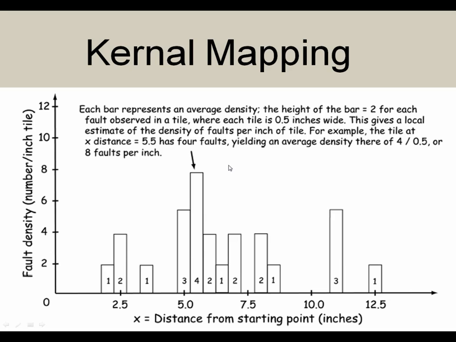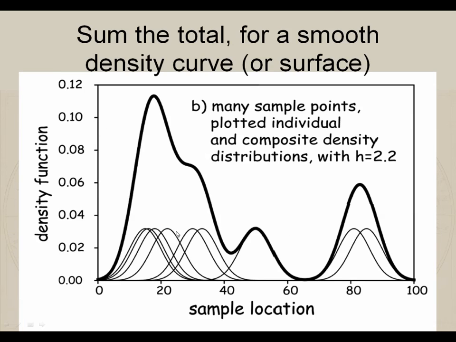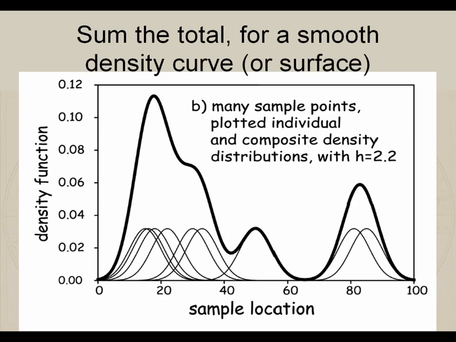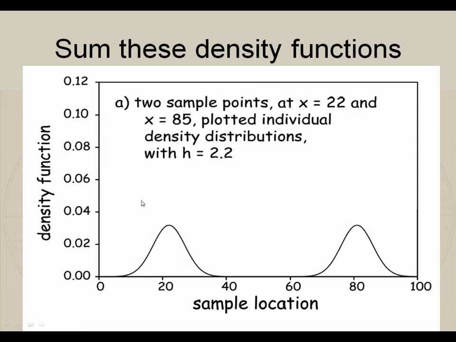Another one is to actually use a density function, where we're looking at our particular sample points, and we're saying within a certain bandwidth that we establish in our density function, and that bandwidth could be 1 foot, could be an acre, could be a hectare, some sort of bandwidth, and within that bandwidth, we process our data, and we create a density function for each group that's within that bandwidth.